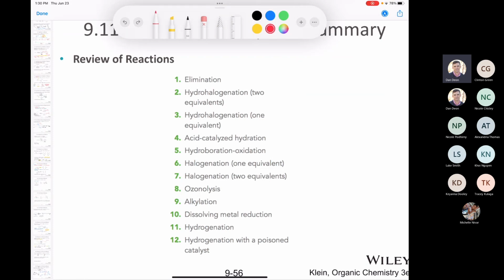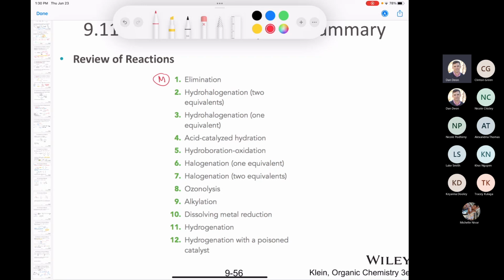Mechanisms that you want to know, I'll put the letter M. You're going to want to know the mechanism of elimination. Hydrohalogenation, 2 equivalents: I'm probably not going to ask you about that one. 1 equivalent, again, I probably won't ask you that one either.